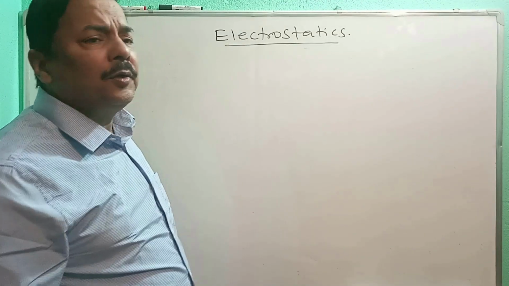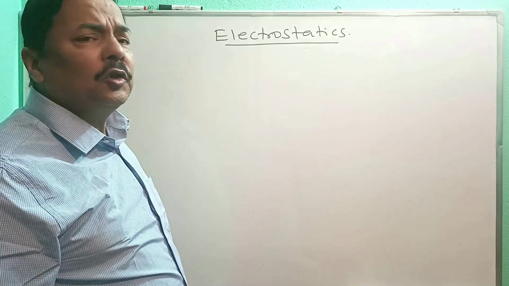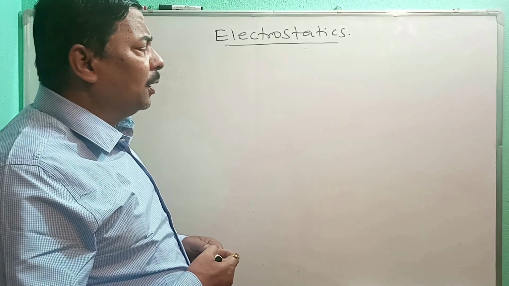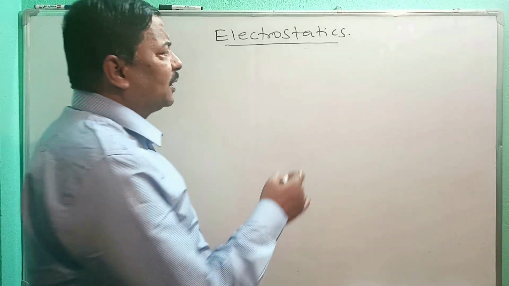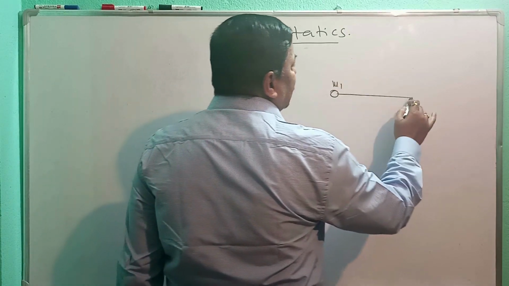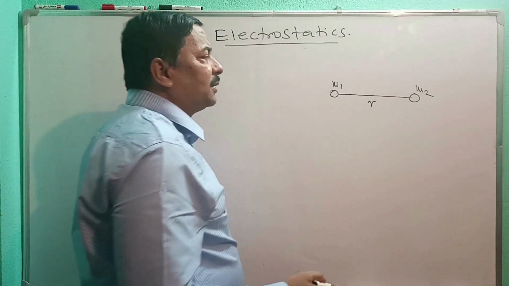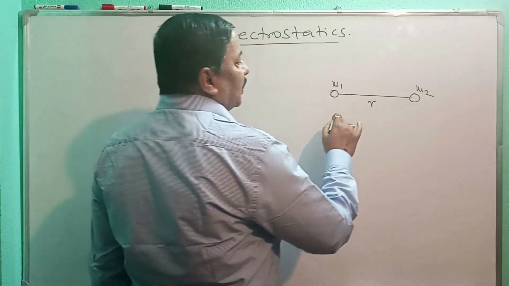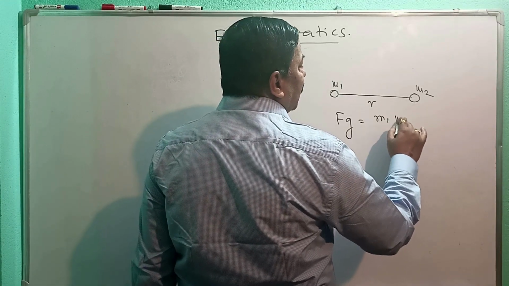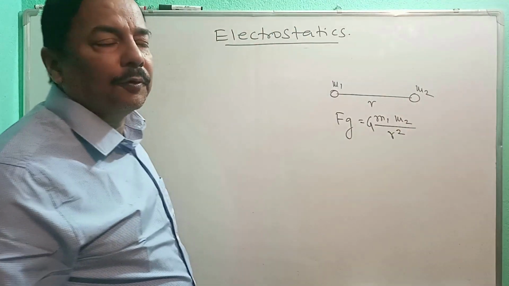Now we will discuss the force between two charges. The force between two charges is electrical in nature. You have read in your junior classes that if two masses m1 and m2 are separated by a distance r, then the gravitational force between them is G m1 m2 by r square. This is the gravitational force.